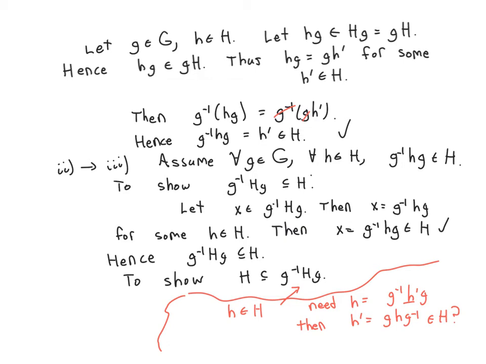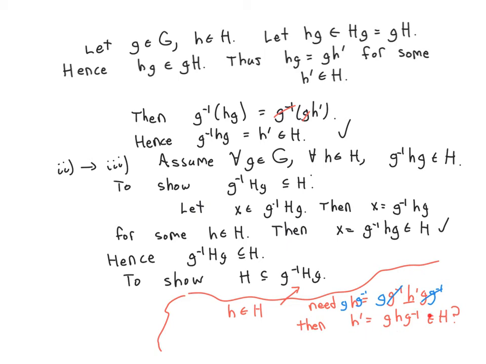Well, let's try to solve for h prime. Cancel out the g inverse on the left by multiplying both sides by g. On the left, cancel out the g on the right by multiplying both sides on the right by g inverse. And so we see h prime has to be g h g inverse.